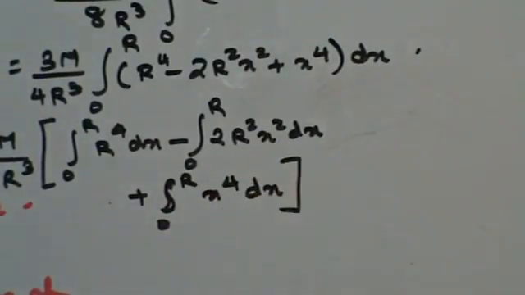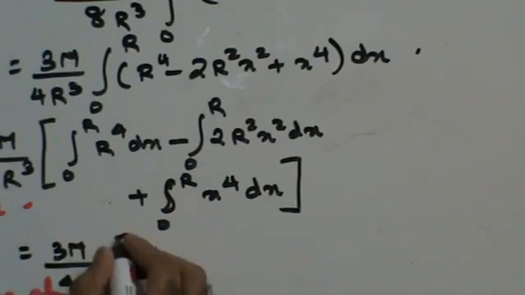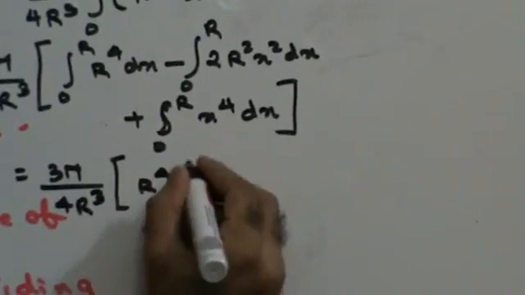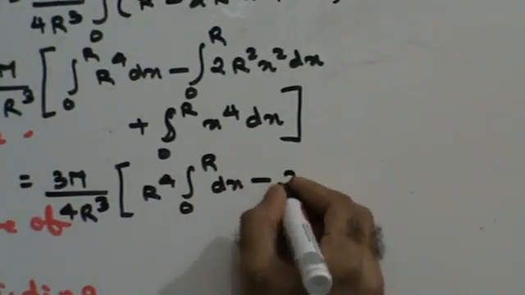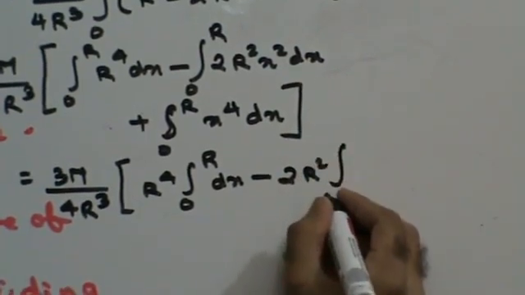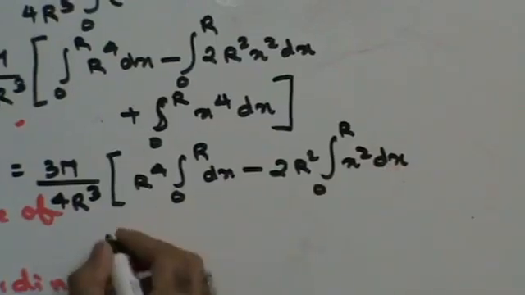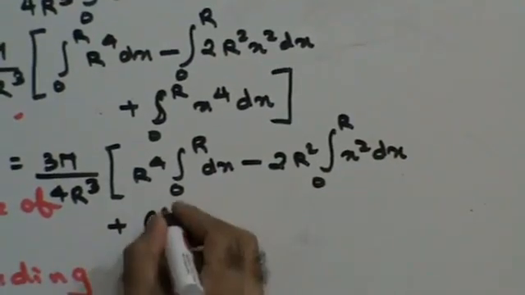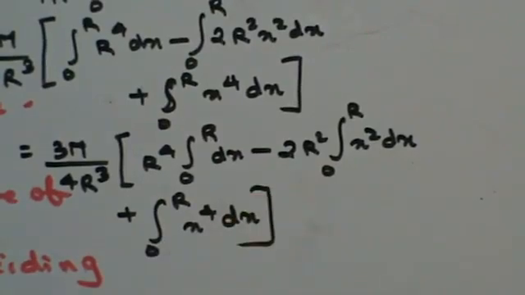Whatever is constant will come outside the integral, so in that case this is going to be nothing but 3m upon 4r cube, r raised to 4 integral of 0 to r dx, minus 2r square integral of 0 to r x square dx, plus integral of 0 to r x raised to 4 dx, right?